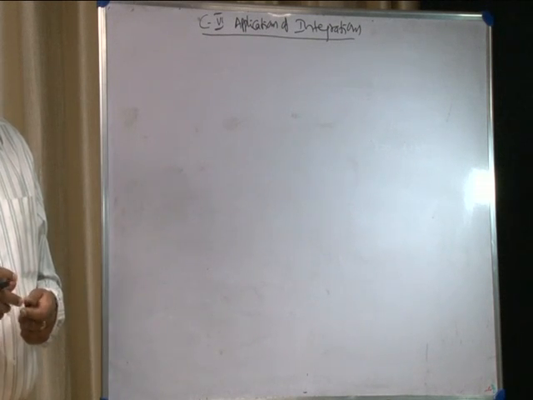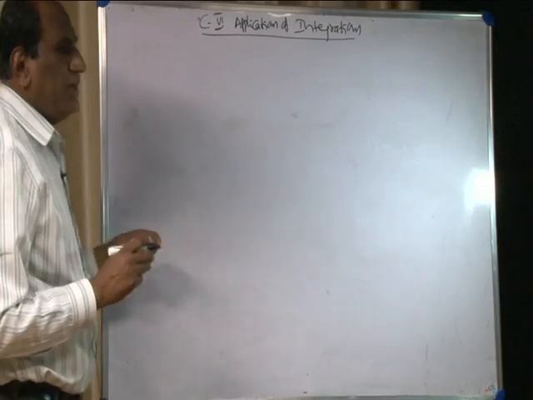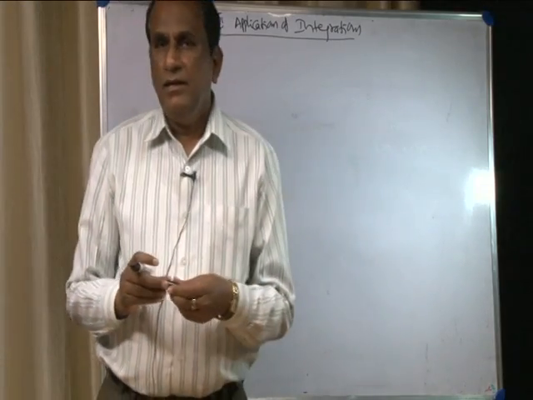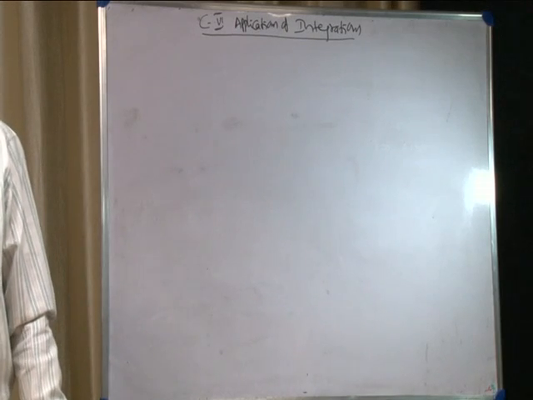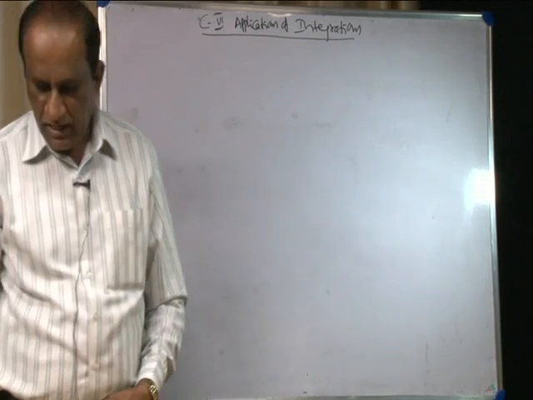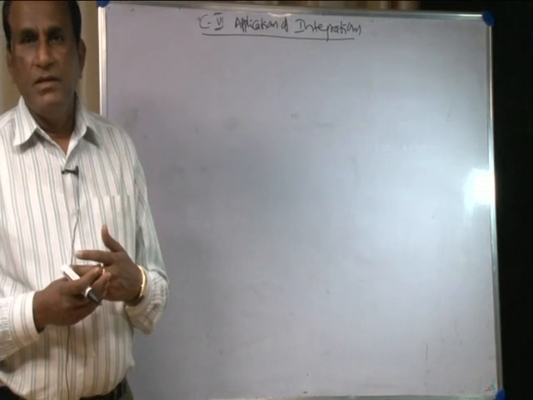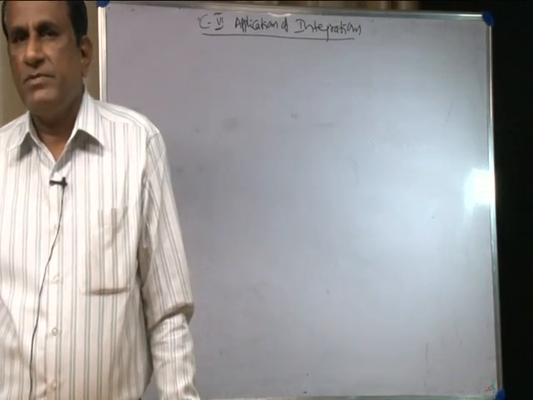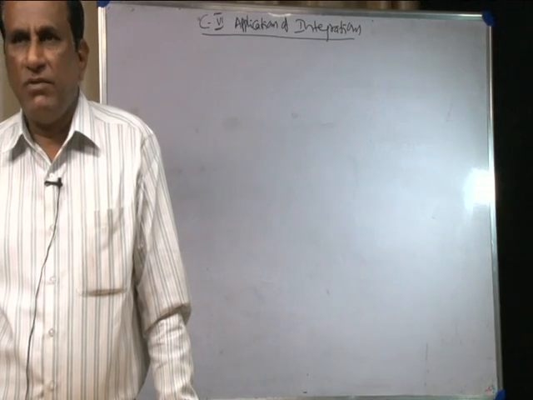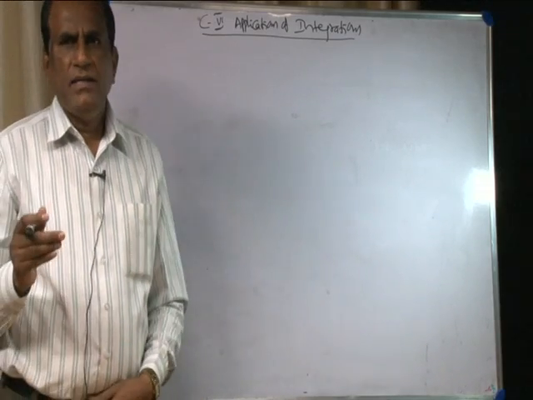First application, area. So, today I am going to explain the procedure to find the area of the given curve. First I am going to explain the formula. What is the formula to find the area of the given curve?